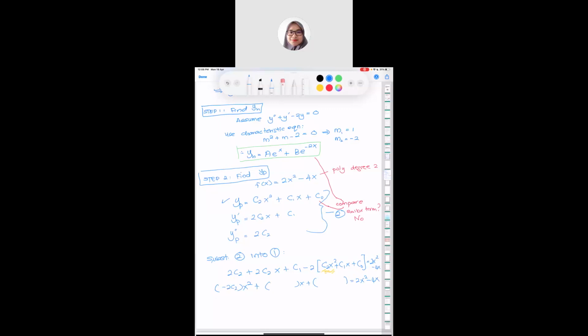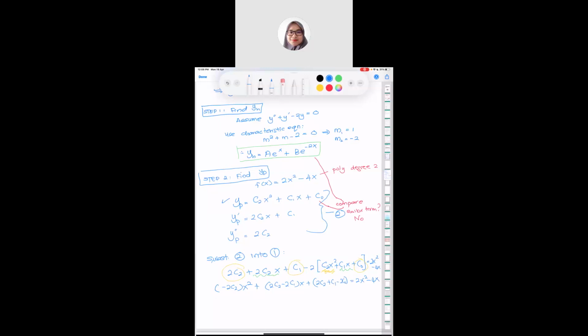And then untuk X, okay, koefisien yang kita ada ialah, okay, this one untuk X, okay, this one as well untuk X. Je kan? Okay, so saya ada 2C2 minus 2C1. And then for constant, okay, saya ada 2C2 plus C1 and C0 kat sini. So saya tulis saya ada 2C2 plus C1 minus 2C0.